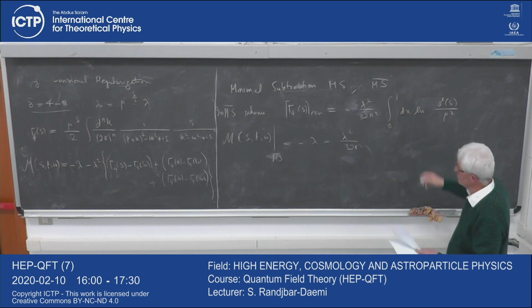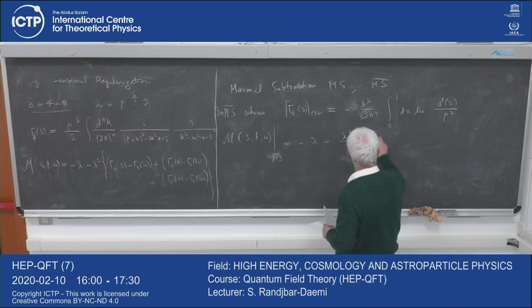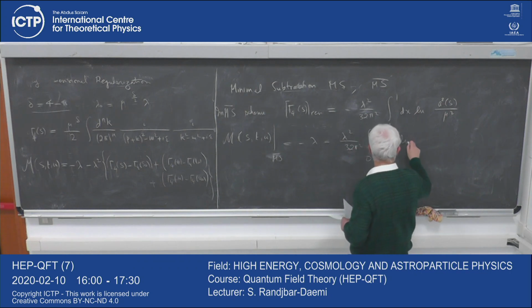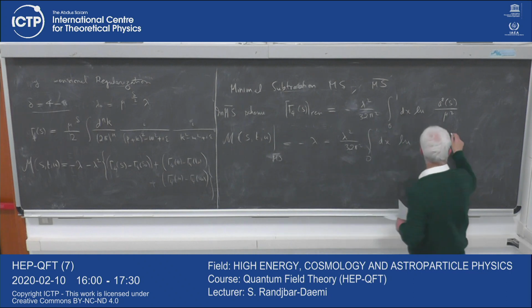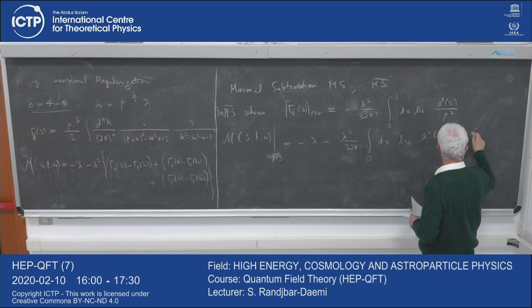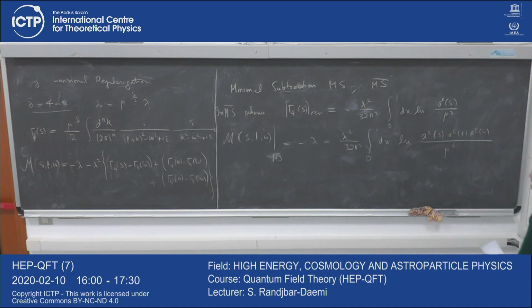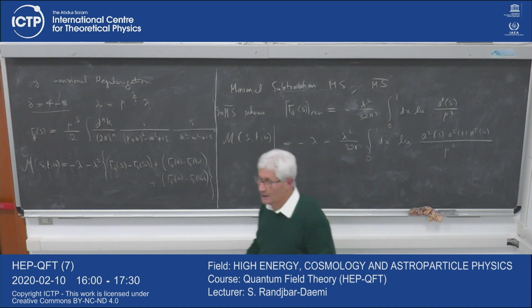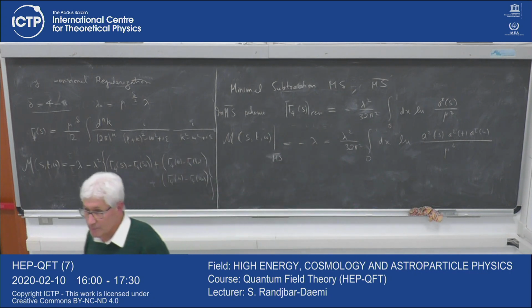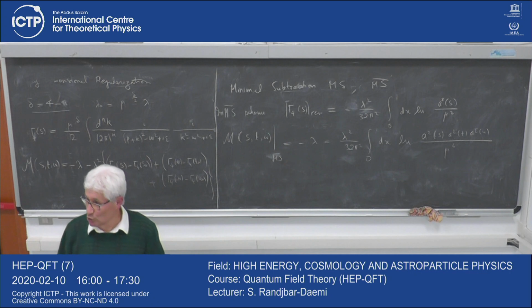So you can put the logarithms together and write it as a single term in a compact form: a squared of s, a squared of t, a squared of u, divided by mu to the 6. A very well-defined finite quantity, but it seems that it depends on an arbitrary parameter mu, which it shouldn't.